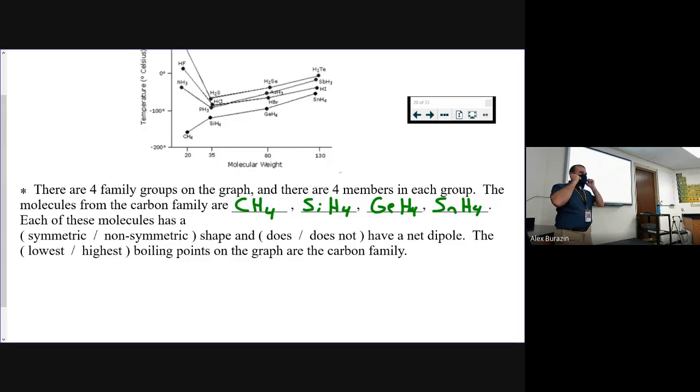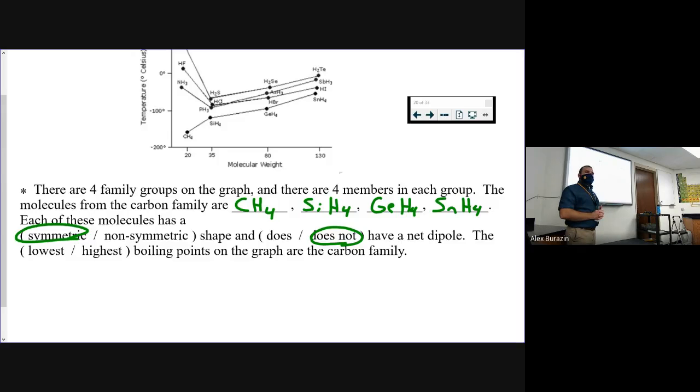Yeah, it is, right? So all 4 of these have a symmetric shape that does not have a net dipole, meaning these are nonpolar. They don't have a partial positive or partial negative because of the nice symmetrical shape they have. The blankest boiling points on the graph are on the carbon family.